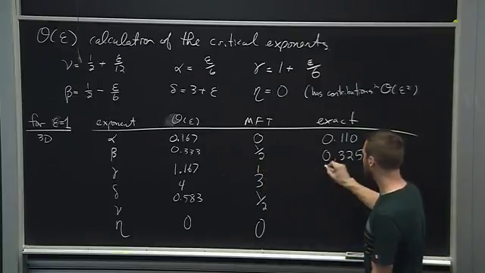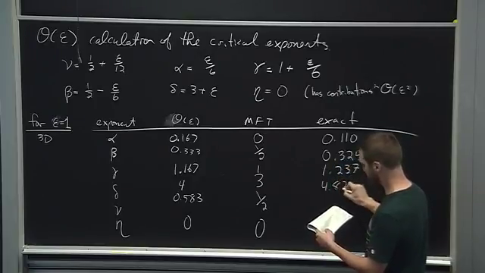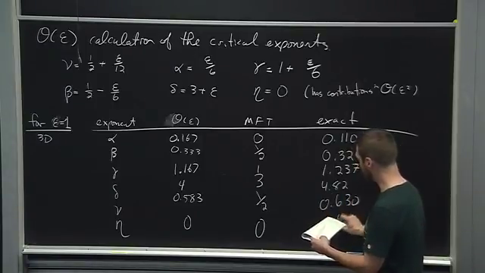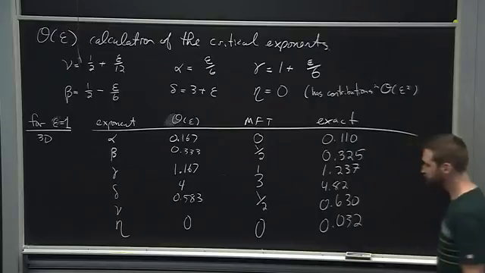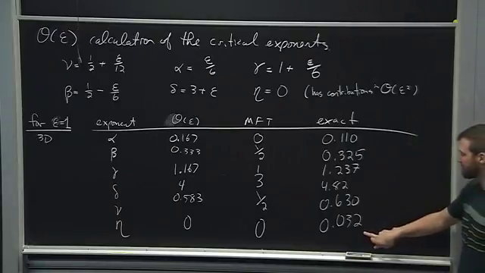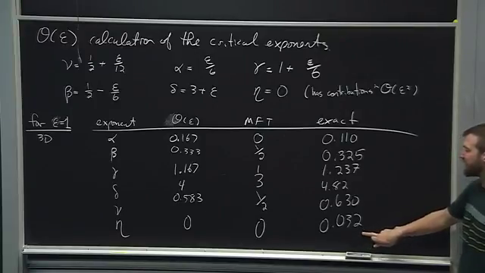So let's see, gamma is 1.2372 or so. This one's been updated recently, 4.82, 630. 0.032. Okay, so that eta, we still haven't seen a non-zero eta actually.